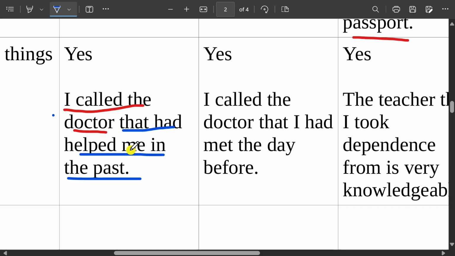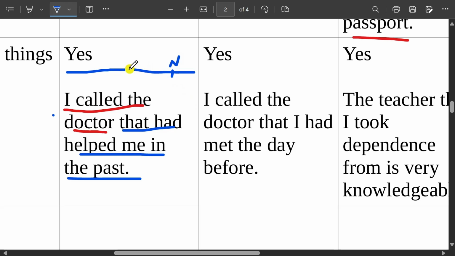You use past perfect most of the time to talk about an action in the past, but it happened before another action in the past. So what is the other action in the past? Called. Right? If you have a timeline, this is a timeline. This is now. Okay?